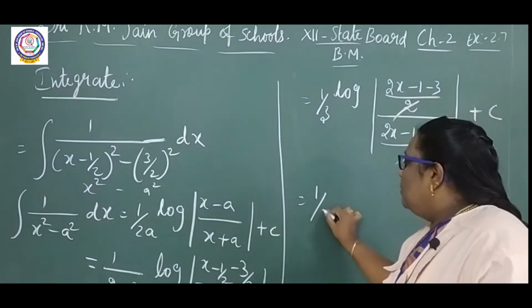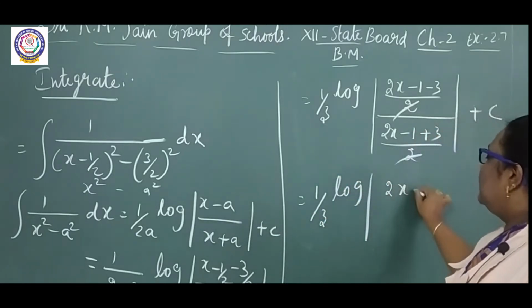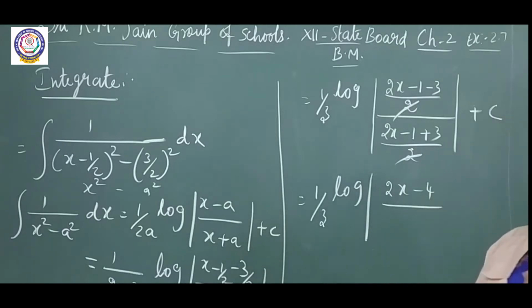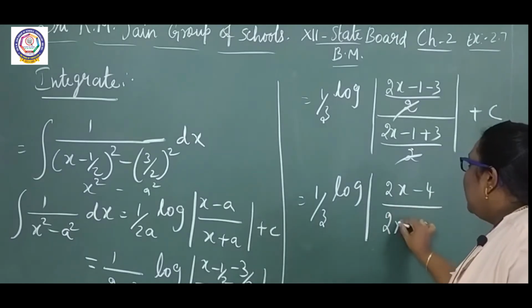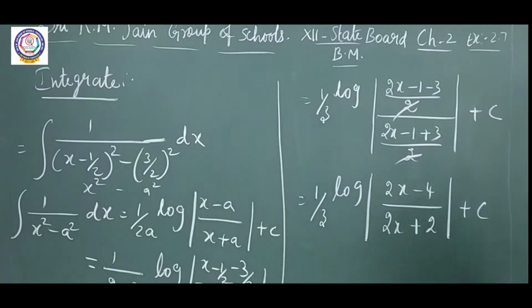So it gives 1 by 3 log of 2x minus 4 by 2x plus 2, plus c.